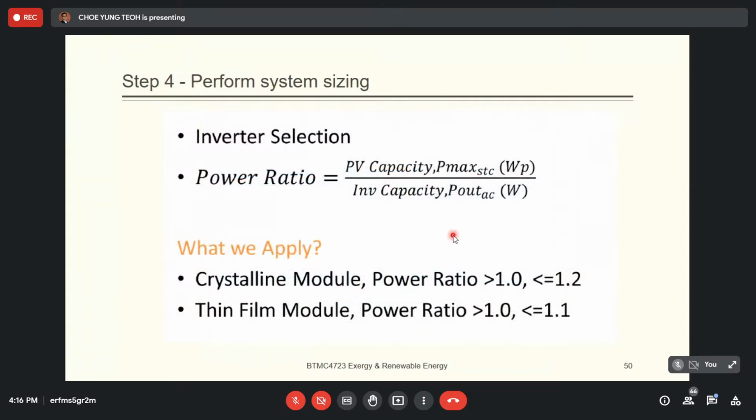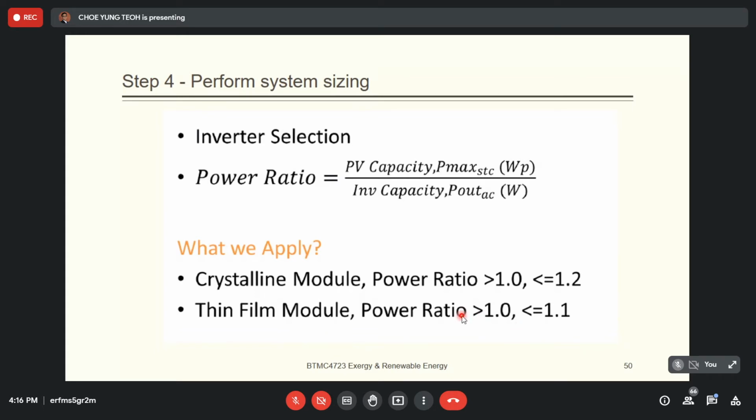So what power ratio is considered as acceptable range? If we are using crystalline module, which is polycrystalline or monocrystalline, the power ratio should be bigger than 1, smaller than or equal to 1.2. So it's between 1 to 1.2. But if you are using thin film, the power ratio should be in between 1 to 1.1.